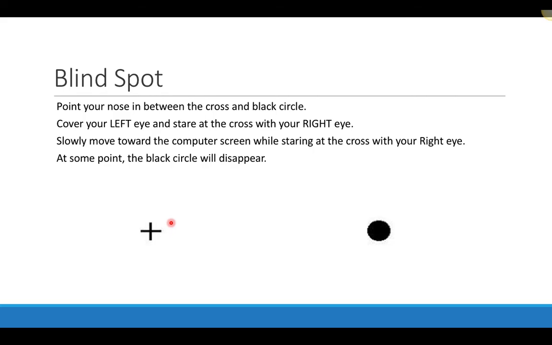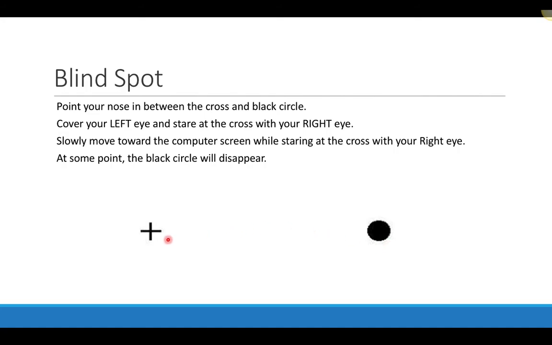Move towards the computer screen while staring at the cross, and at some point that black circle will actually disappear. I just tried it on my screen and I was able to see it disappear. It's a neat little thing you can try, and you can see your blind spot. Essentially that's the place where the optic nerve is not able to detect any image.